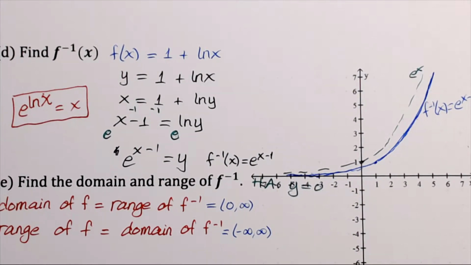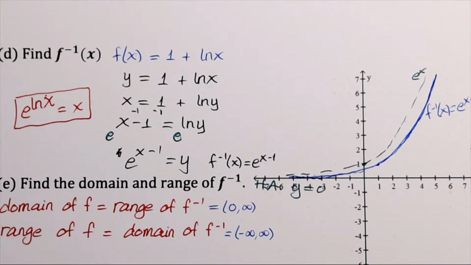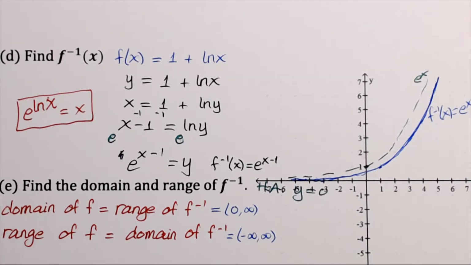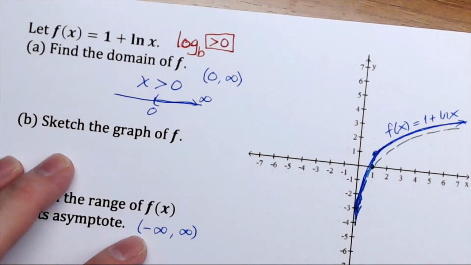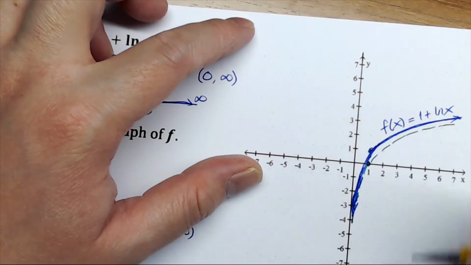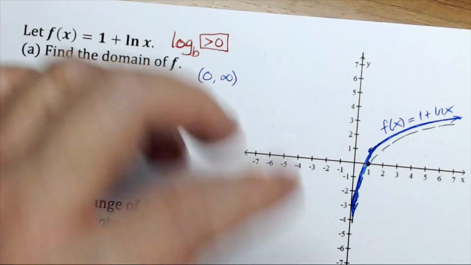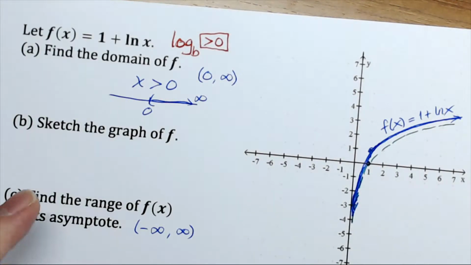In this problem, where we plus 1 unit up, the range doesn't change. So the domain of the function, the range of the inverse, is 0 to infinity. The range of the function, the domain of the inverse, is negative infinity to infinity.